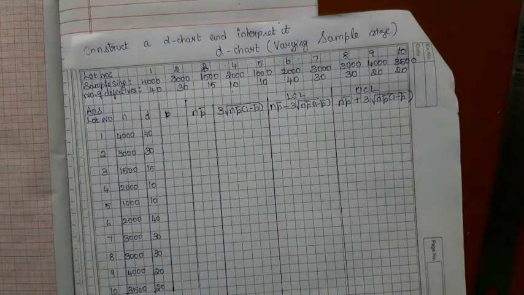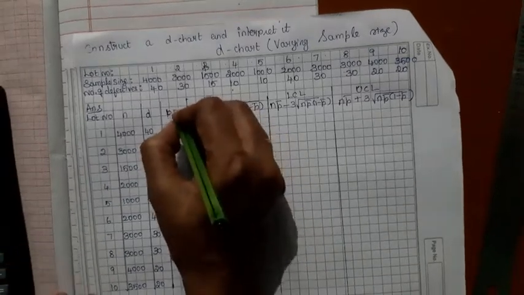Now we are supposed to compute the p values. P is equal to d by n, right?